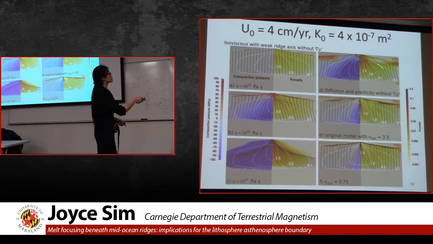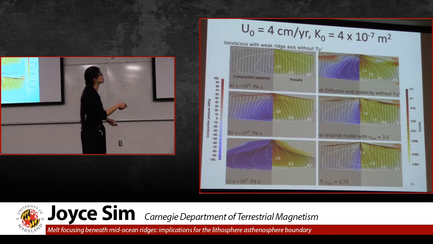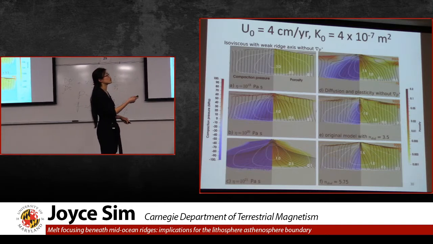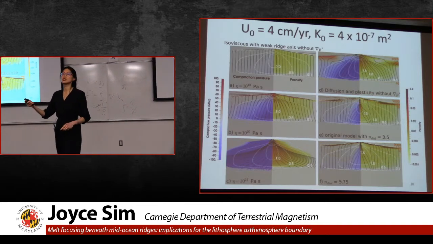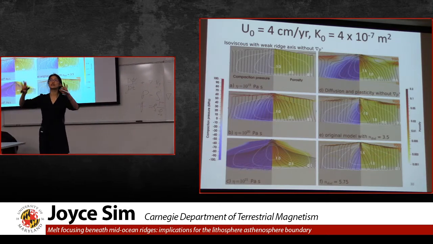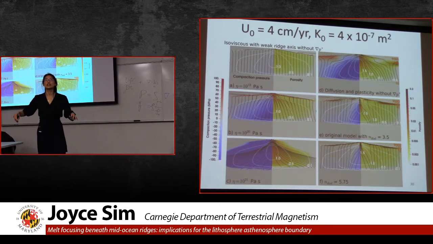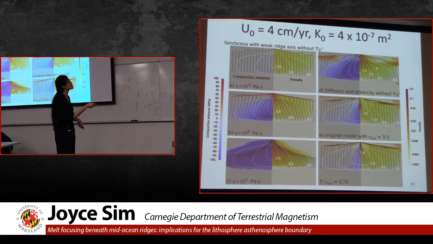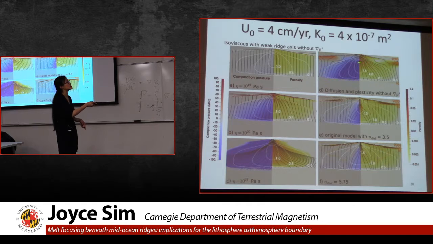So on the top here, if I were to change the shear viscosity to diffusion and plasticity without this localization creep, so kind of like taking away those two weak lobes that this localization would do, you have melting pressure focusing that's happening throughout the whole melting domain, as opposed to here where it's happening in a pretty small region, right?